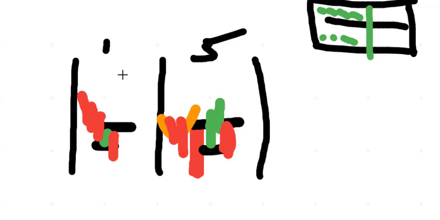The temptation is that if you have lines overhead as possible resistance, the temptation is to want to ride this out, right? And then to add to that position at that next second tier area of resistance. But doing so means that you're trading in the wrong direction this whole time.